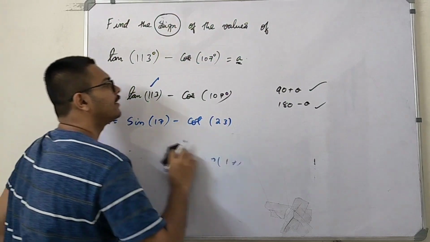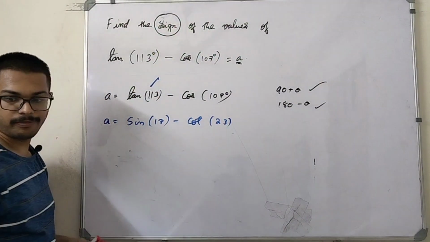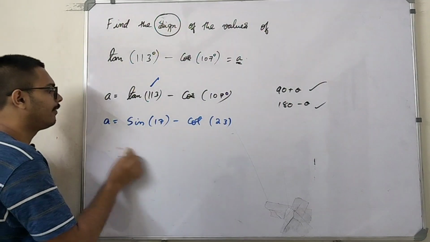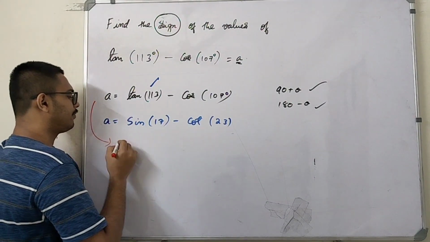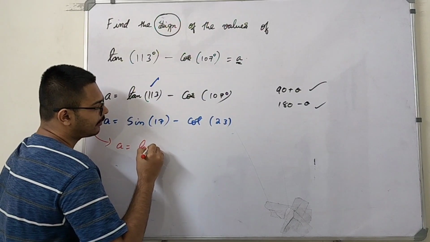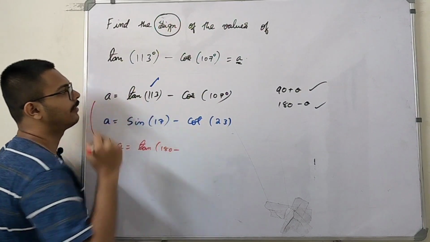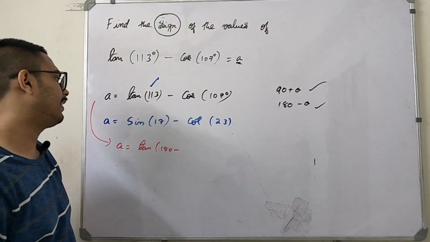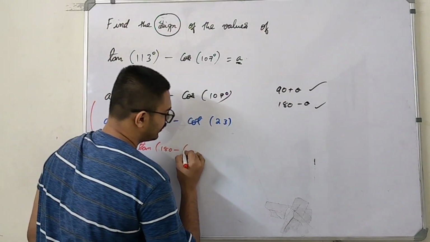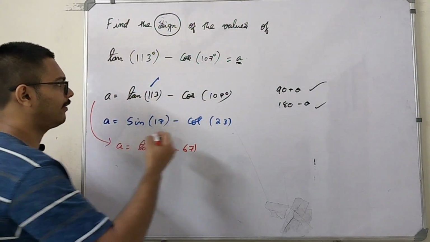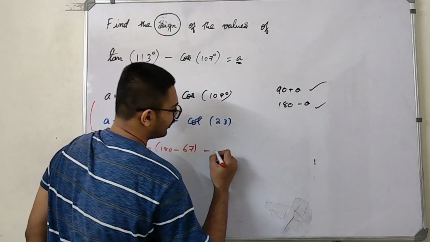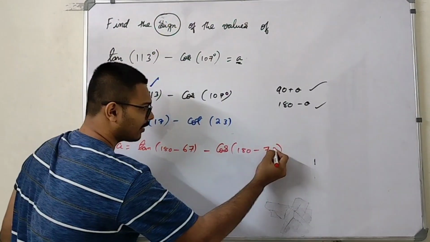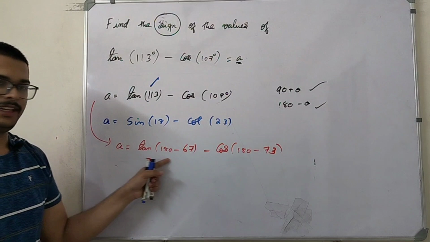We can also write it in the form 180 minus theta, or pi minus theta. On writing in 180 minus theta, we can write A equal to tan of 180 minus 67, since 113 equals 180 minus 67, minus cos of 180 minus 73, since 107 equals 180 minus 73. What is the value of tan 180 minus theta?